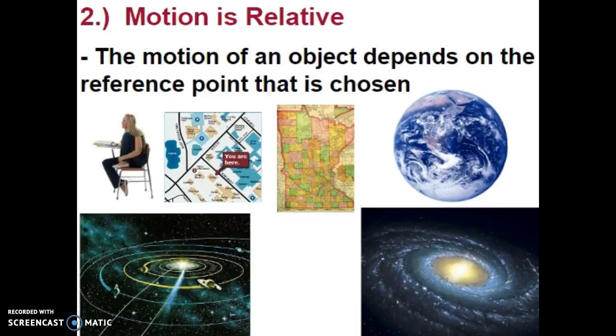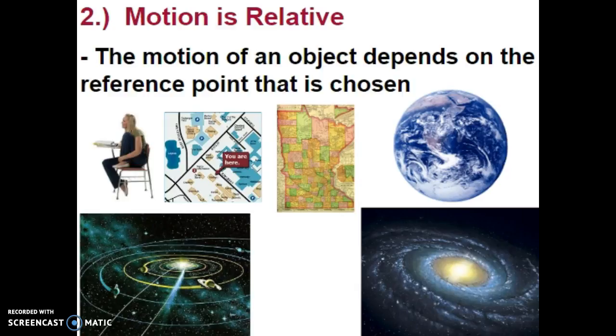So motion is really relative. The frame of reference will depend on the motion of an object. You can talk about motion in the classroom, so where you are, your immediate position. You can talk about the frame of reference for the town of Casson, the state of Minnesota, or a frame of reference can really be the whole world or our galaxy or the entire universe.